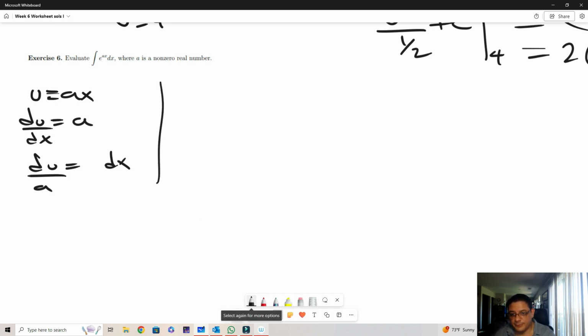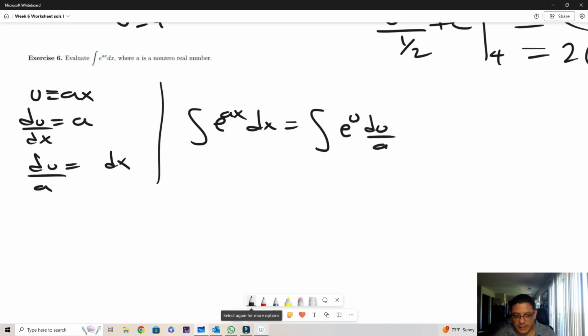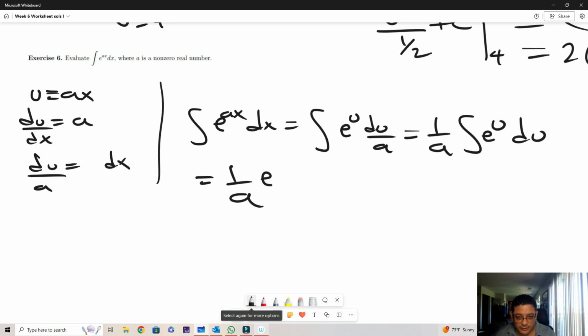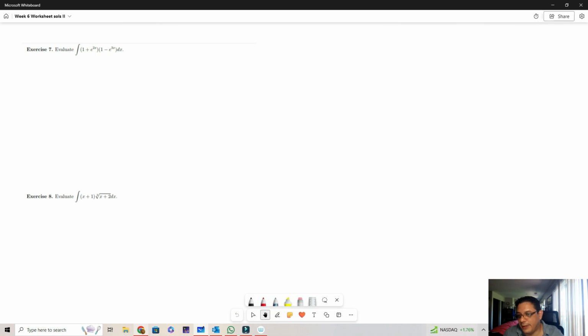So now the integral of e to the ax dx is equal to the integral of e to the u du over a, equals 1 over a times the integral of e to the u du. And the antiderivative of e to the u is e to the u, so this is 1 over a e to the u plus c. Since we don't have limits of integration, we go back to the original variable, and this is 1 over a e to the ax plus c.